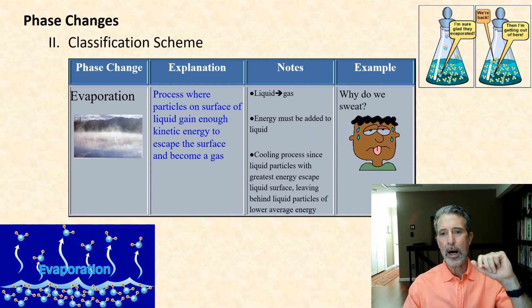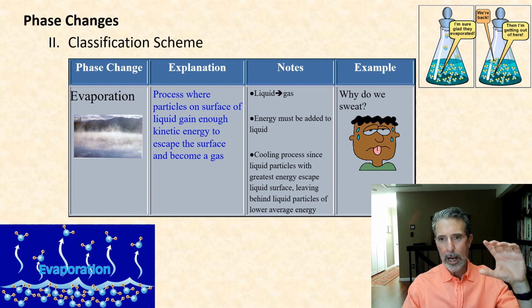A really great example to understand this is to ask the question, why do we sweat, or why do we perspire? Well, when we perspire, water molecules on the surface of our skin gain energy from our body and escape our skin in gaseous form. Because the energy required to change the liquid water on the surface of our skin into a gas comes from the body itself, those liquid water molecules must gain enough kinetic energy to turn into gaseous particles.